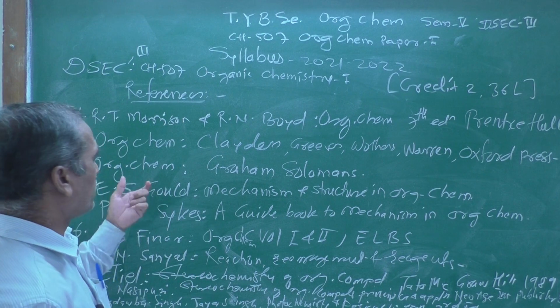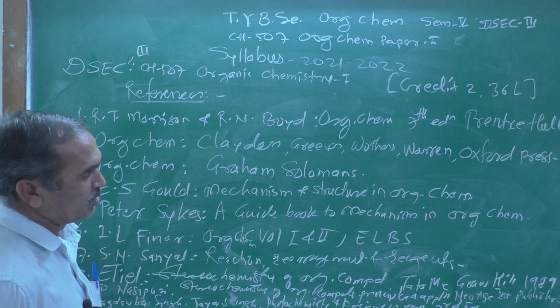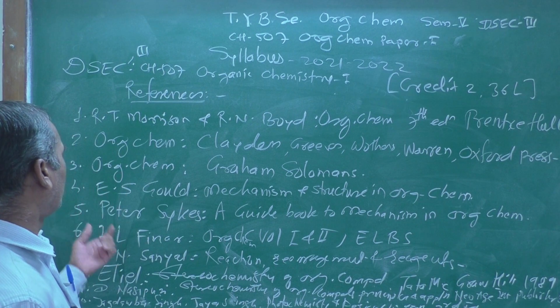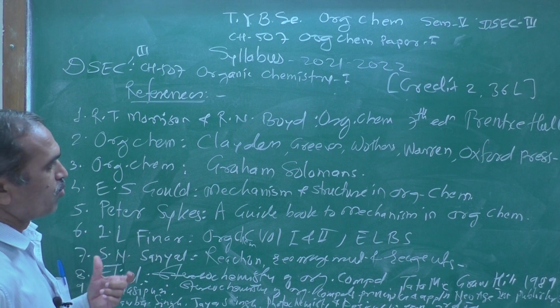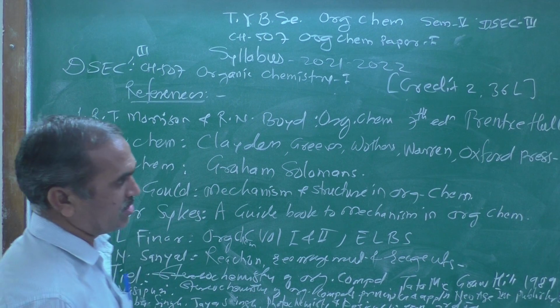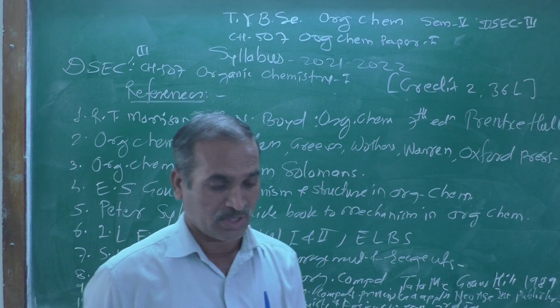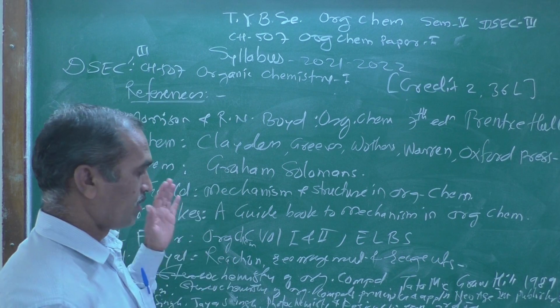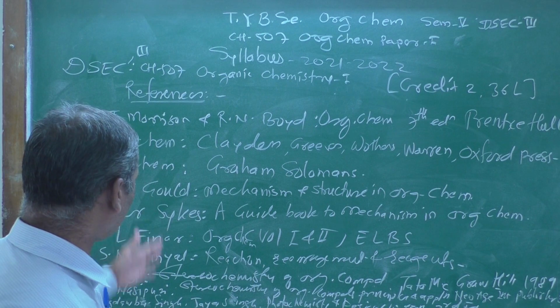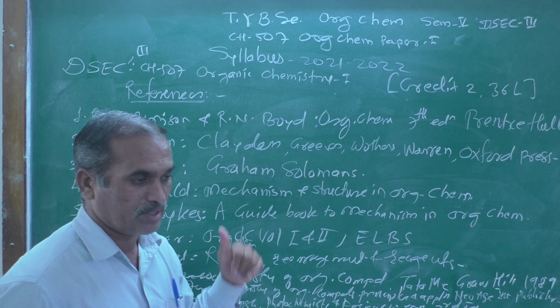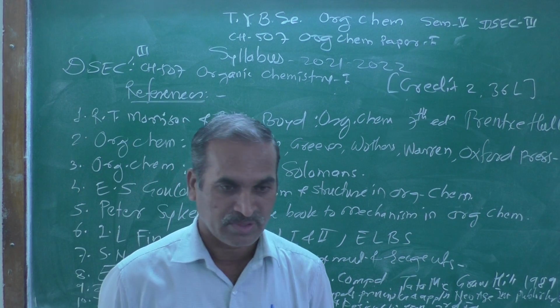Another one, Organic Chemistry by Graham Solomons, is also a very good book. Then E.S. Gould, Mechanism and Structure in Organic Chemistry. It has full illustrations. So you can refer to these books. All these books mentioned here are available in our central library.